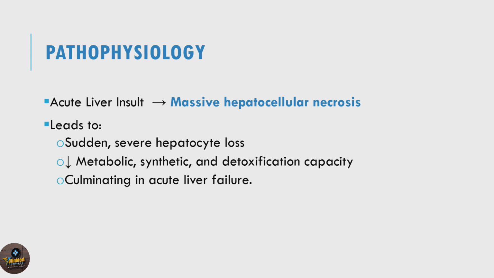An acute liver insult leads to massive hepatocellular necrosis, which leads to a sudden and severe hepatocyte loss. This severely impairs the metabolic, synthetic, and detoxification capabilities of the liver and eventually manifests clinically as acute liver failure.